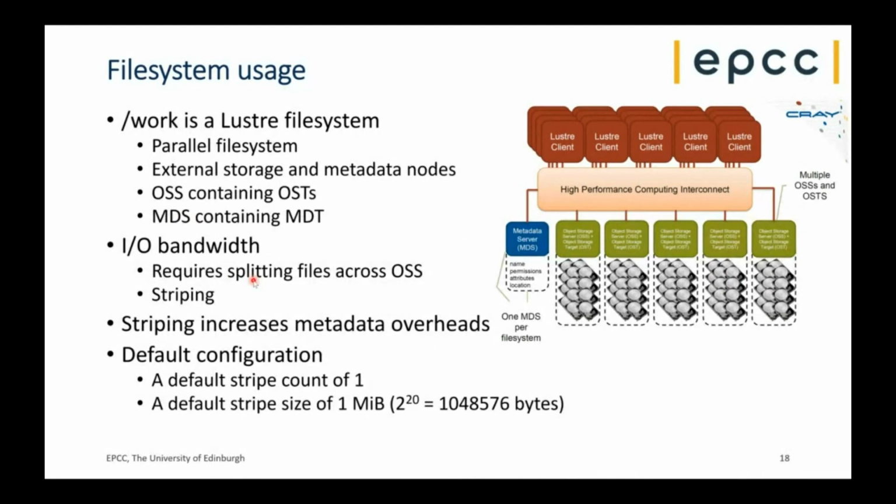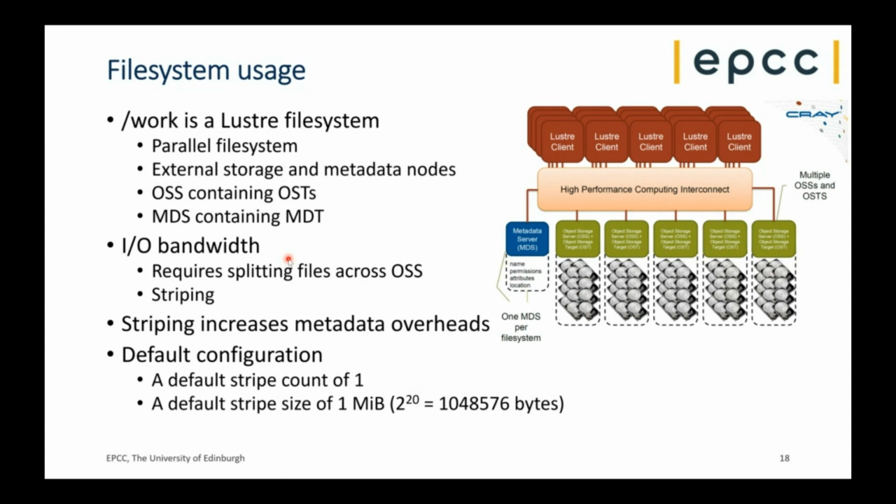Now, if you have one single file which is accessed by lots of workers at once, individually, then striping is a great thing because you can split up that file across lots of different devices, and each of the workers can access its part of the file separately, and that's where you get your I/O bandwidth, your high performance from a file system.